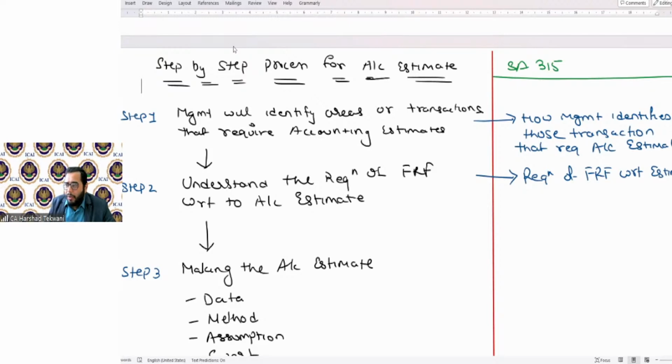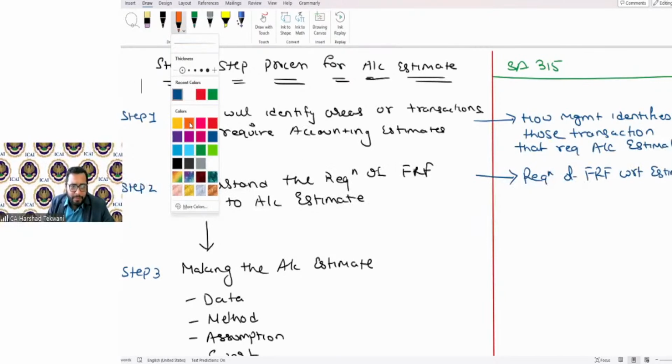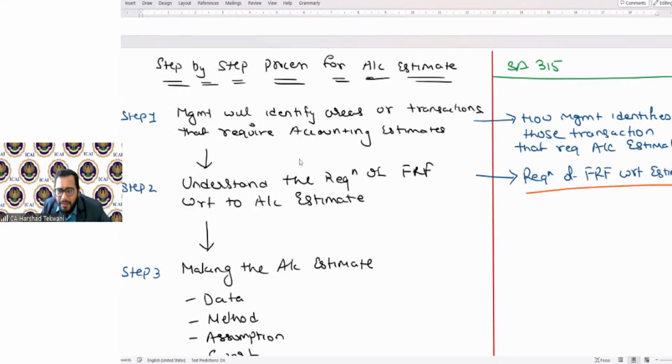Okay. Now management might say, okay, we have a control for this. Management might say they have a control for this particular area. So I will understand the controls behind the estimation process.